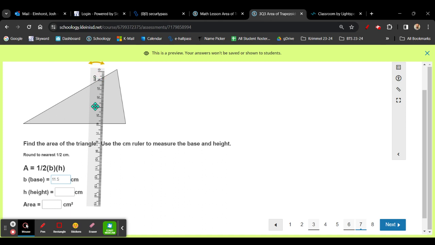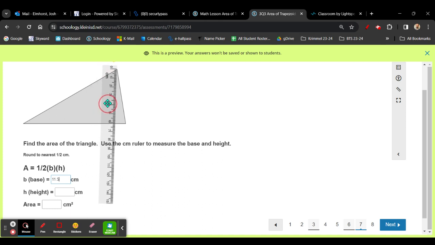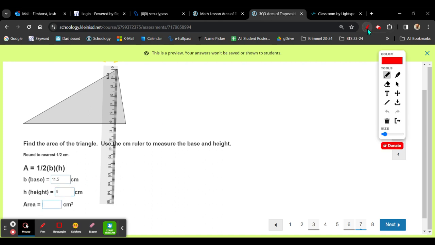We're going to measure the perpendicular, straight up and down from the base to the tippy top peak of the triangle that's directly vertical. So it looks like that is going to be 6. Now, before you type your answer in for the area, make sure you use the formula on your paper, 1/2 base times height. Triangles, you need to divide it by 2.